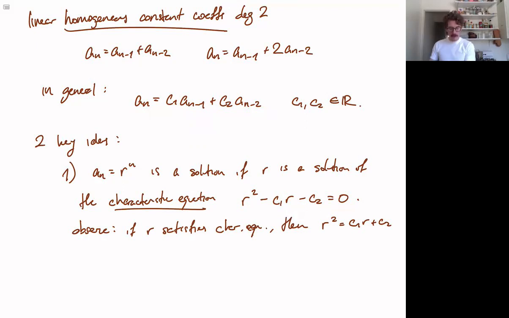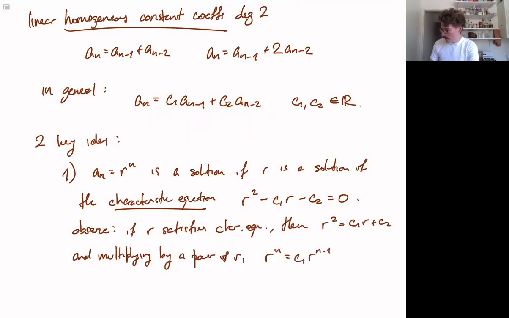And if we multiply by some power of r, we get r^n equals c1 r^{n-1} plus c2 r^{n-2}. That's just taking this equation and multiplying by r^{n-2}.